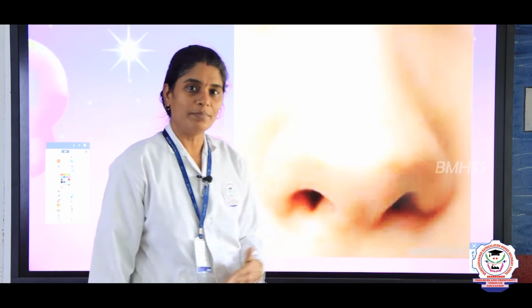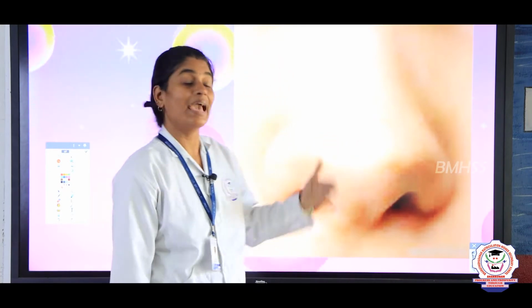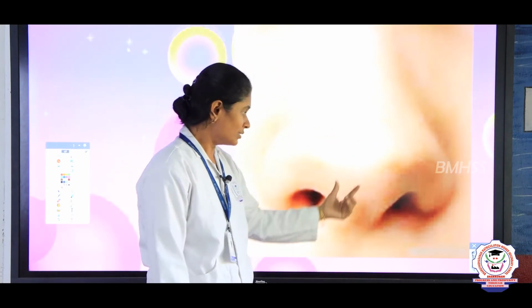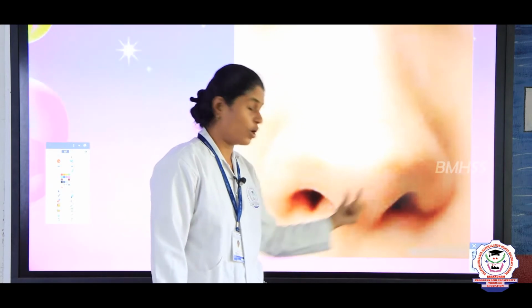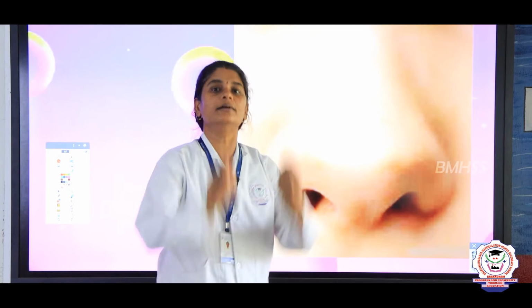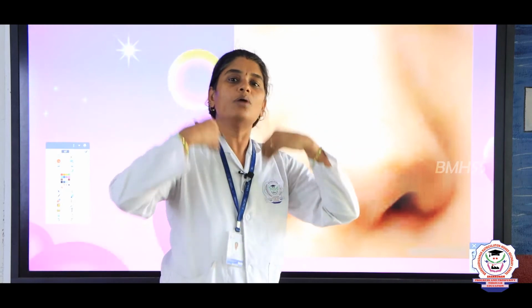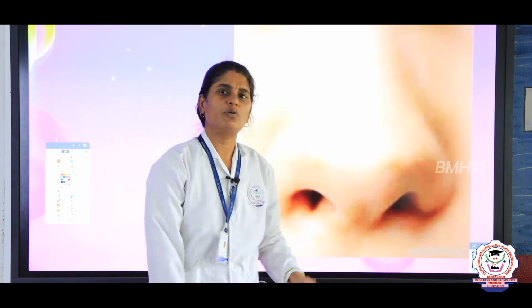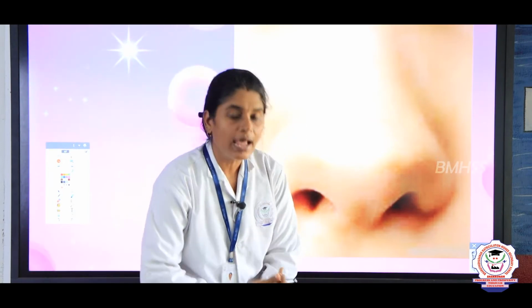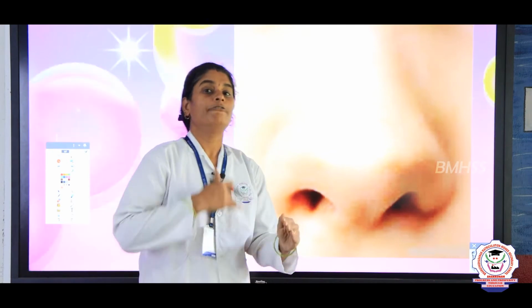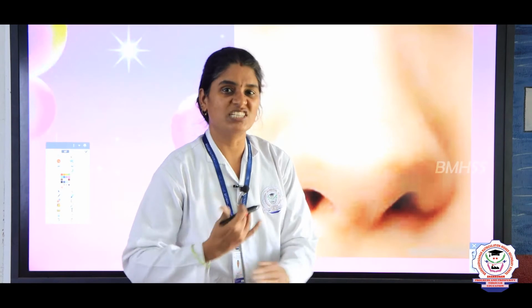Human beings and some animals have a nose. The nose has 2 nostrils, and with the help of the nostrils we take in air and give out some air. Some animals, for example fish, breathe with gills, and frogs under water breathe with the help of moist skin.